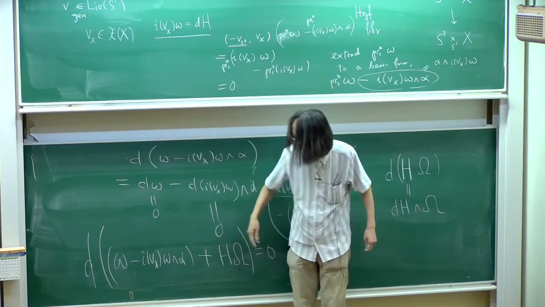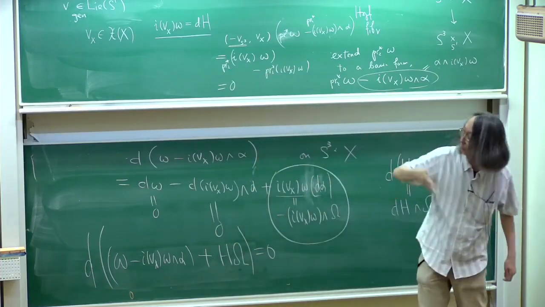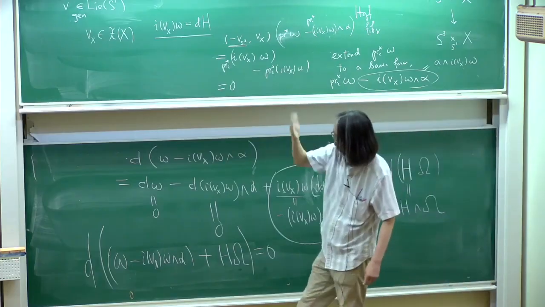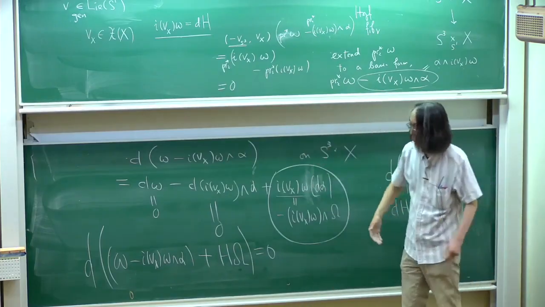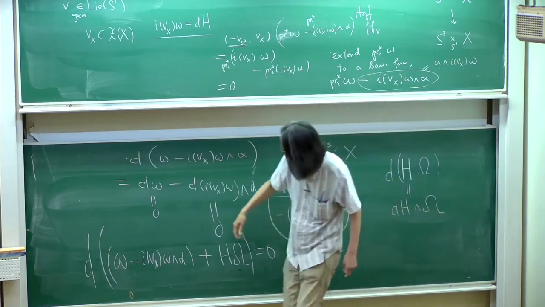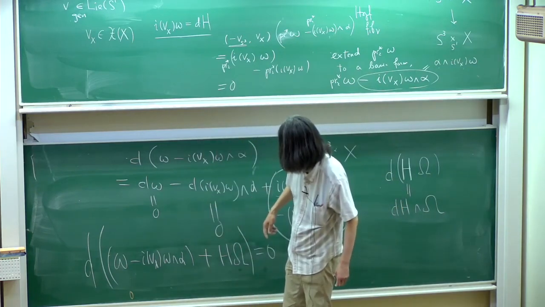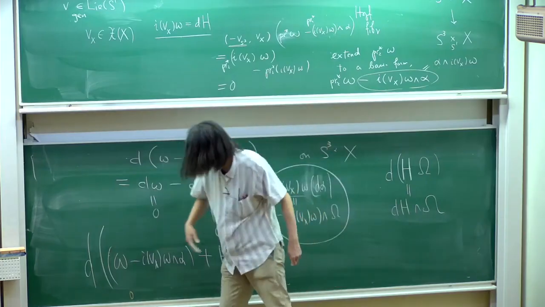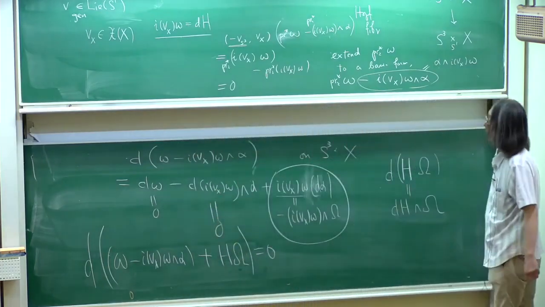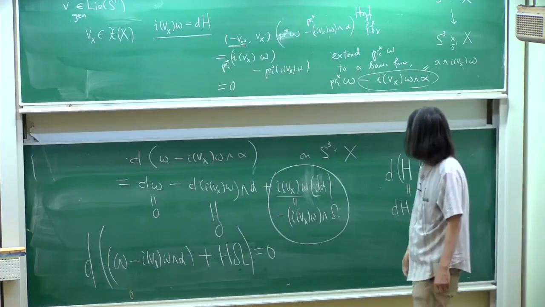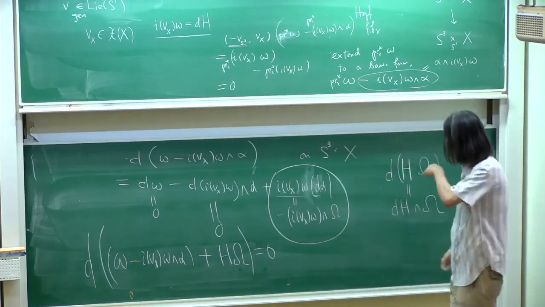So this one cannot detect anything in the fiber direction. So if you restrict to the fiber, then you only have this, right? You restrict to the fiber, then you only have this.